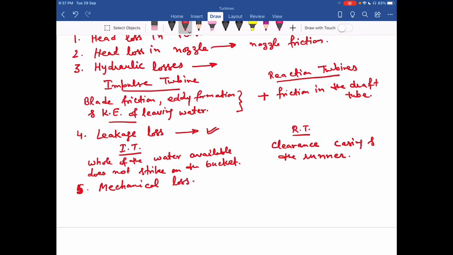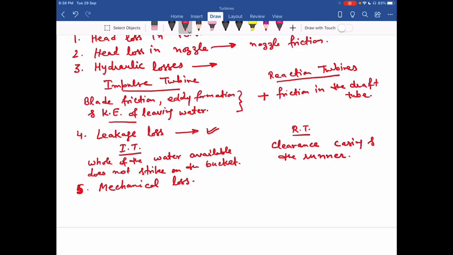Okay, so the power produced by the runner is not available as the useful work of the shaft. This is because some power may be lost in the bearing friction as mechanical loss. So whatever power is produced by the runner, we cannot convert that total power into useful shaft work.